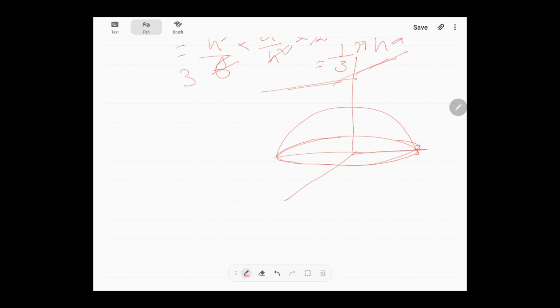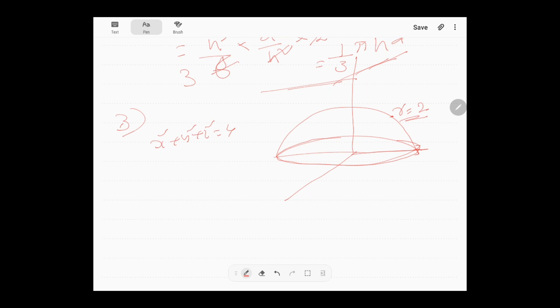Now, as I said, in polar coordinates, this is my third problem. In spherical polar coordinates, the surface x square plus y square plus z square is equal to 4 means r square is 4. This is r is equal to 2, the equation of the sphere. R is equal to constant represents the equation of the sphere in 3D. R is equal to constant represents the equation of the circle in 2D.